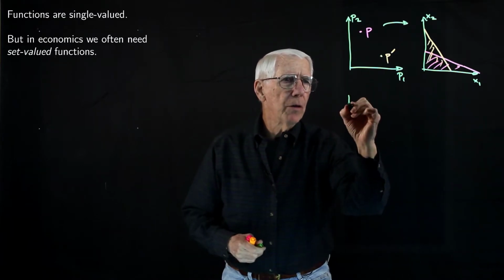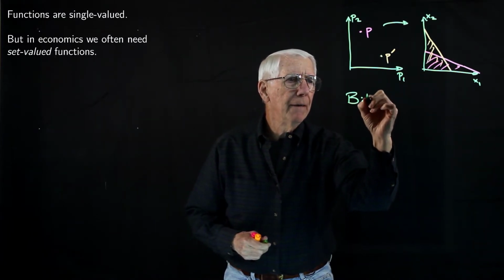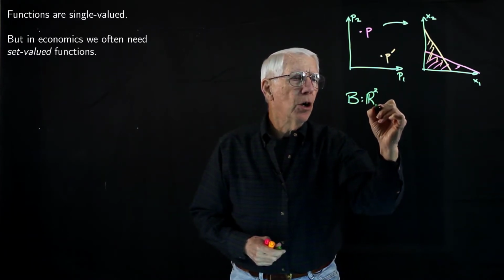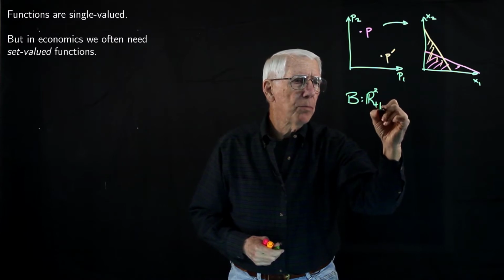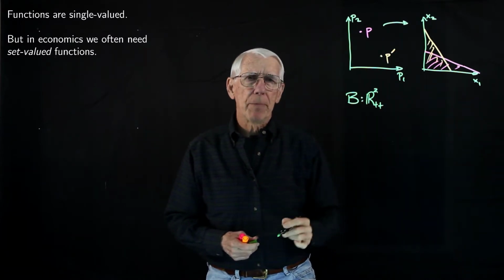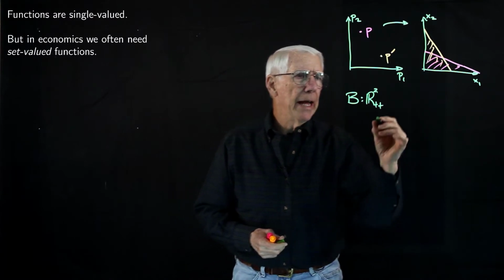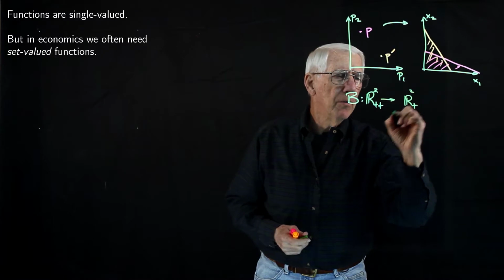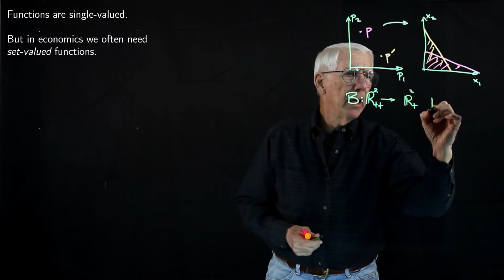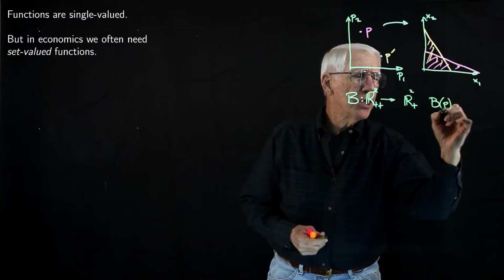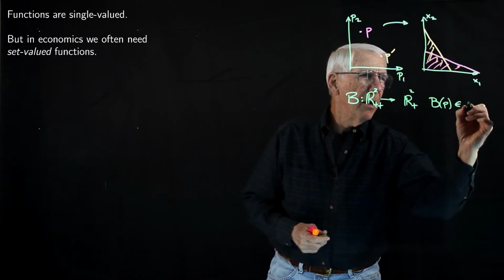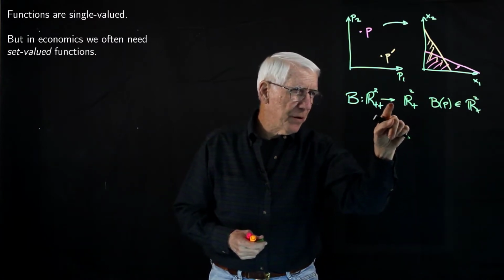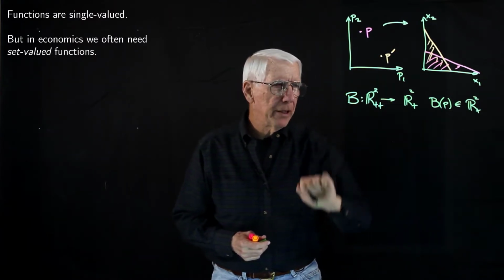So we could call this function B for the budget set function, and it goes from price lists in R2++, and I'll just use strictly positive prices to keep things simple here, and it maps into R2+. And so a function in the usual sense would pick out an element of R2+, and that's what this notation with the arrow means for us.